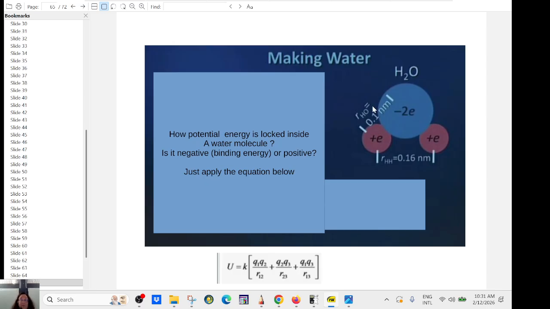We just plug it in. You see potential energy. This is a proton because this is hydrogen. This is hydrogen. This is oxygen. Oxygen has 2 electrons. I mean, it's stealing 2 electrons. It's a dipole.